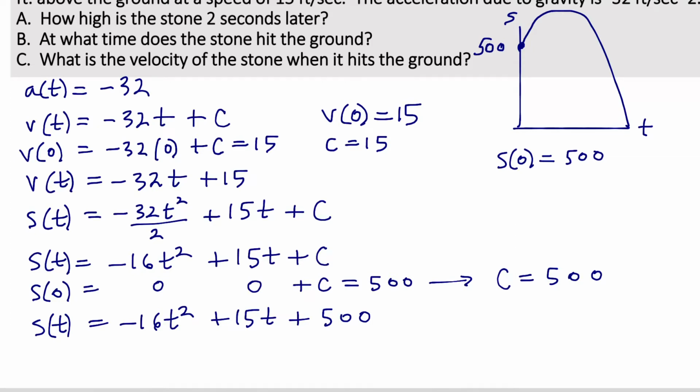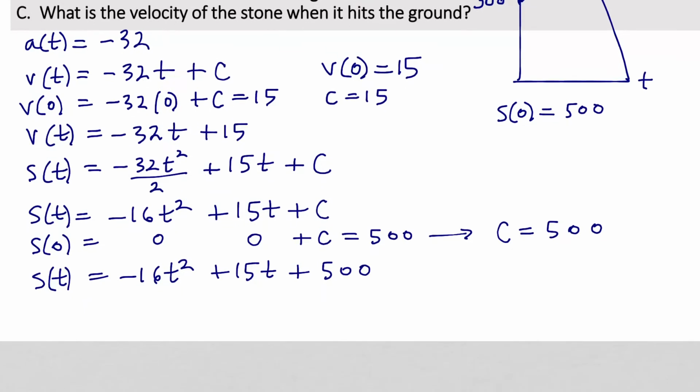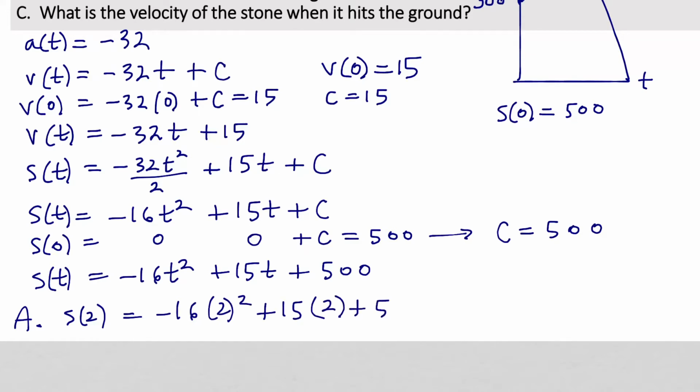Now the question is, how high is the stone 2 seconds later? All right, so this is our function that'll tell us the position of the stone. So we would just substitute 2 into the S of t function and find S of 2. So that would be negative 16 times 2 squared, plus 15 times 2 plus 500.